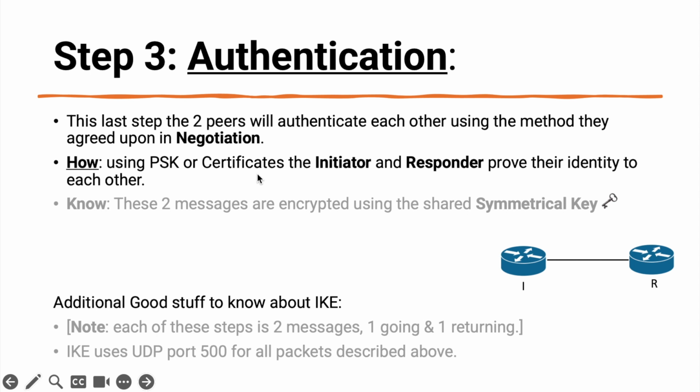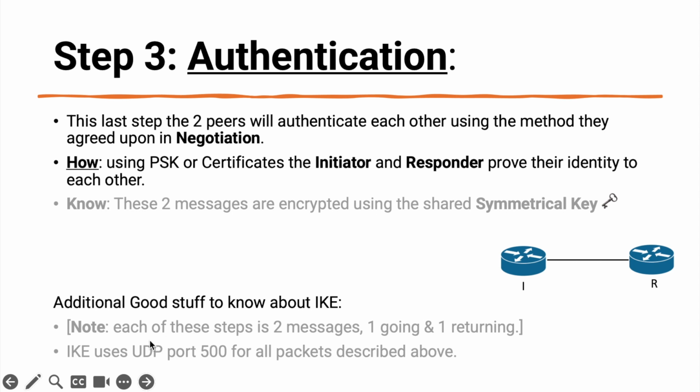Of course, it would be much better if they used a digital certificate, which has much more verification and validation to it, but just for the sake of this example, they use pre-shared keys to prove their identity to each other. So the authentication in IKE phase 1 is essential because it ensures that both parties are who they claim to be, preventing potential attackers from impersonating one of the devices in this VPN connection.